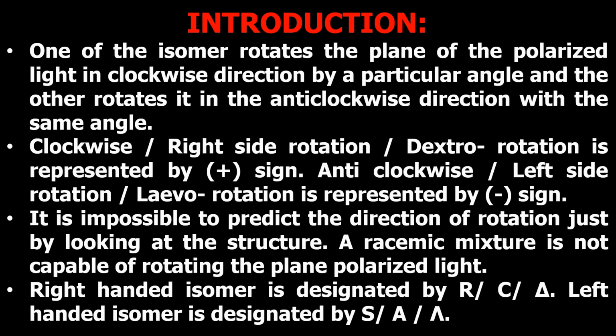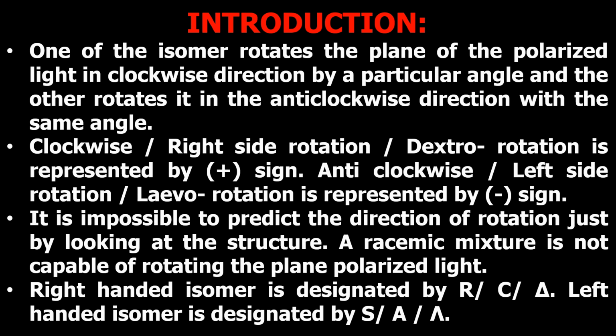If an isomer rotates the plane of polarized light in clockwise direction, or it is also called right side rotation, which is also known as dextro rotation, then the formula of that compound is preceded by a symbol plus.